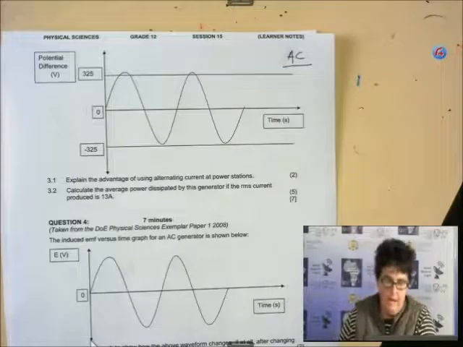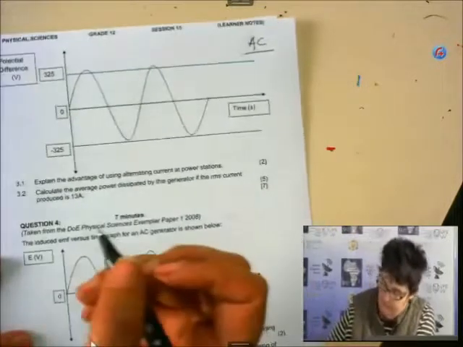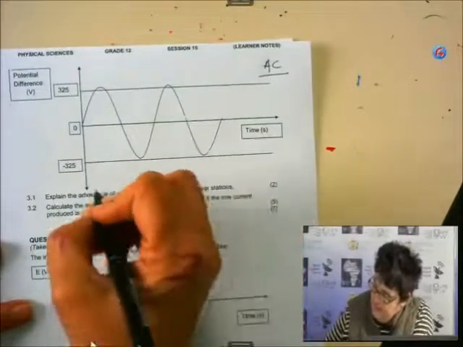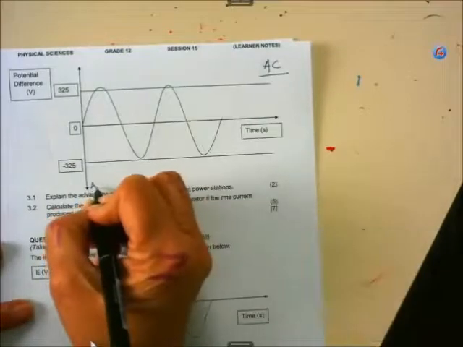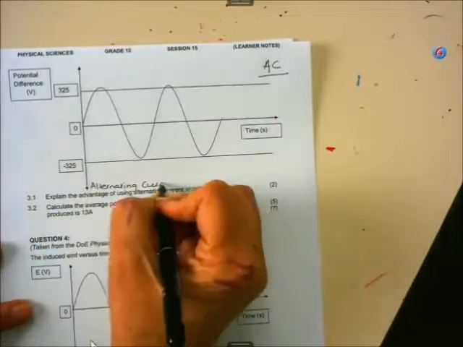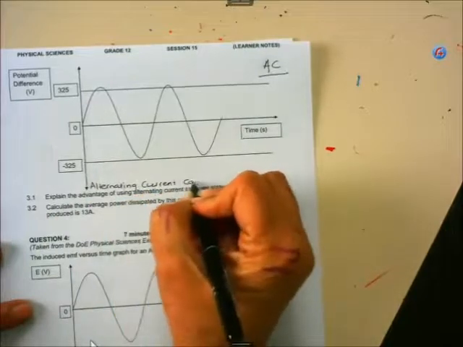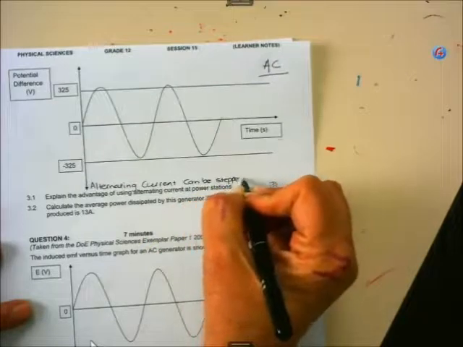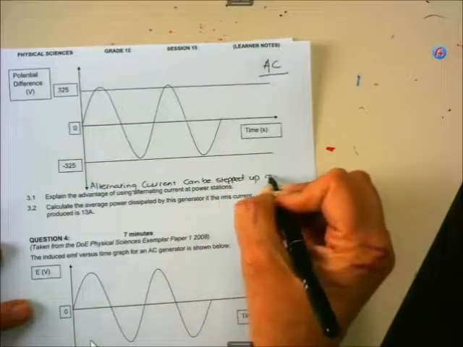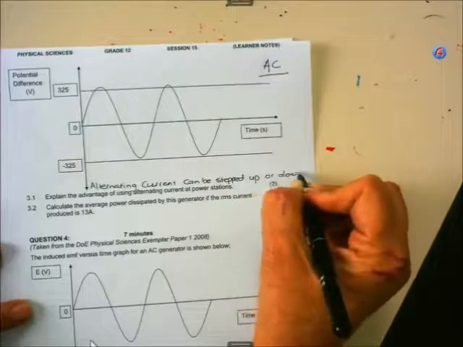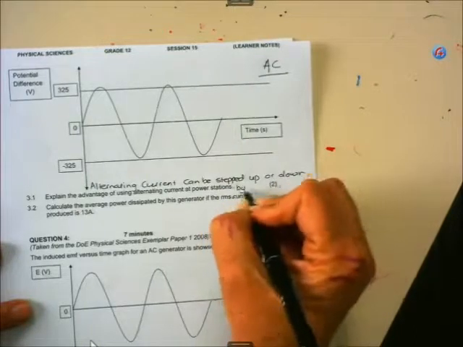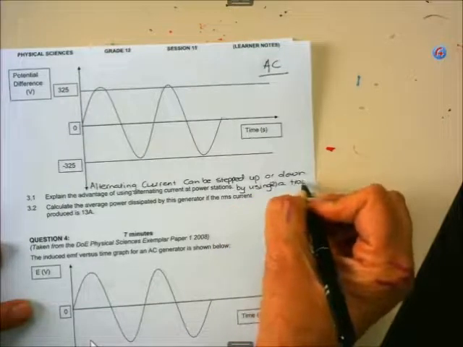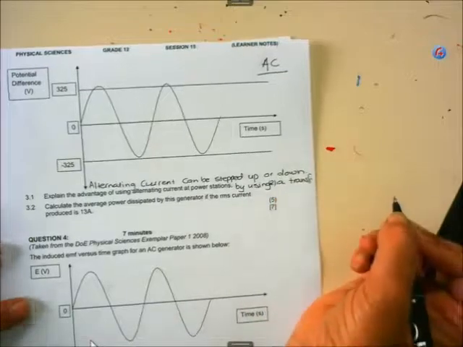Right. Remember, we have already discussed this very briefly, but the first thing that we need to say is that in AC, alternating current, can be stepped up or down by using a transformer. Transformer, right?